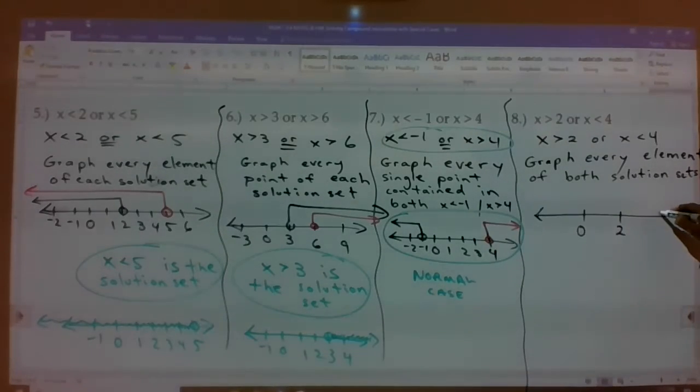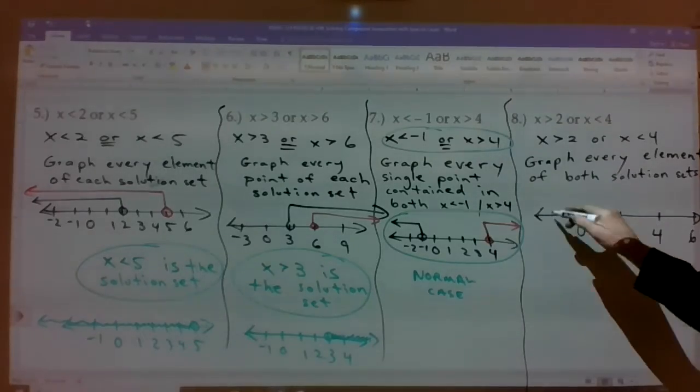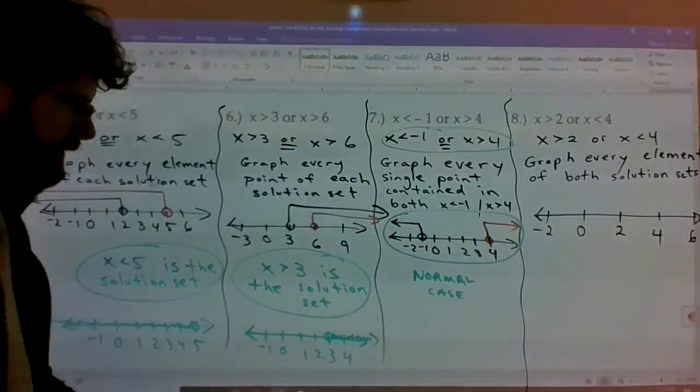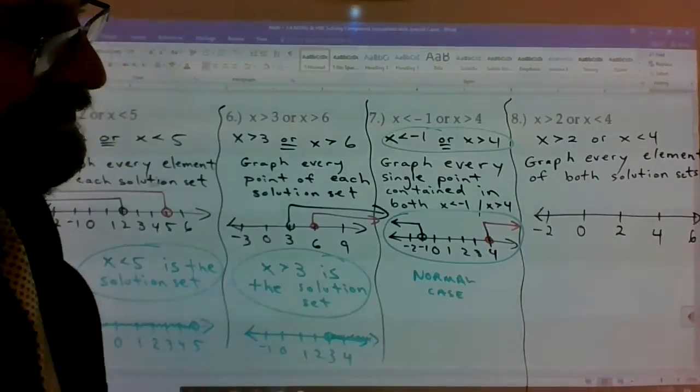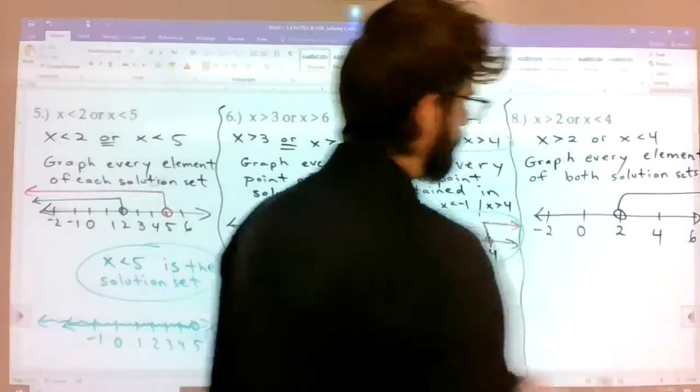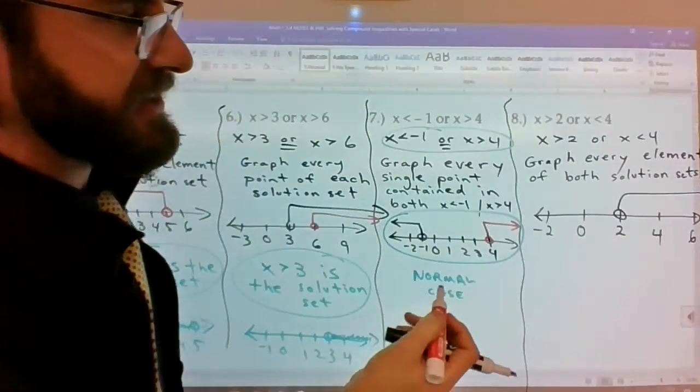So 2, 4, 6, -2. So in black ink, I'm going x is greater than 2. In red ink, I'm going x is less than 4.